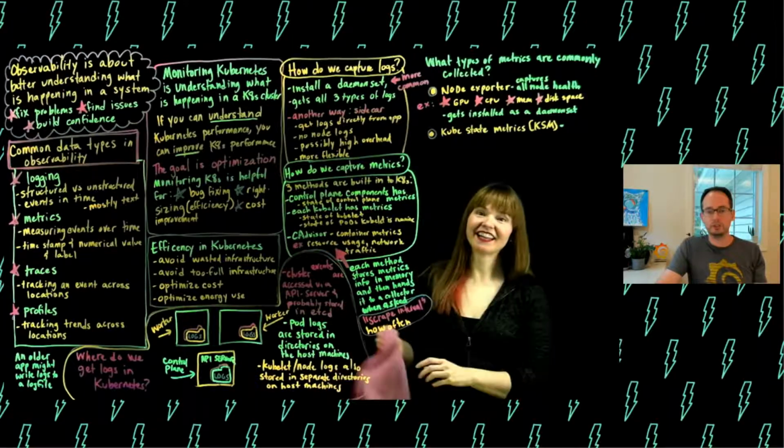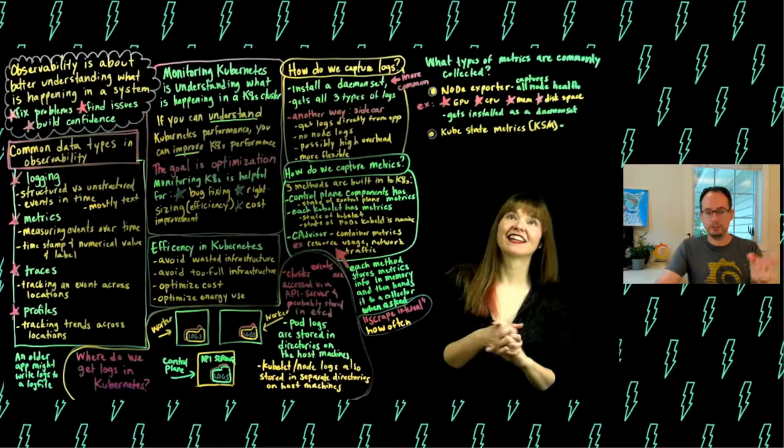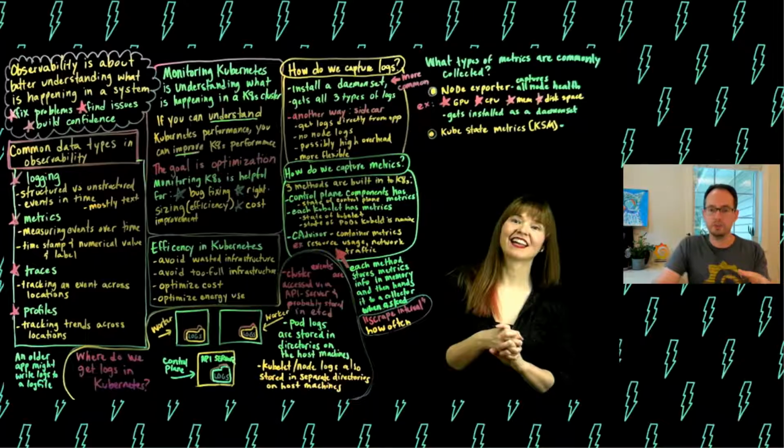A metric that Kube State Metrics will make is how many replicas are running for a deployment. At the beginning, the metric will say 0. And then as pods come online, the metric will go 1, 2, 3. Another metric will be how many replicas did I want to have? What was the desired number of replicas for a deployment? That will always be 3 because I deployed it saying I want 3.